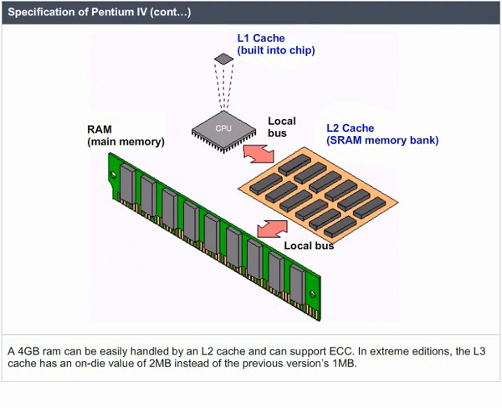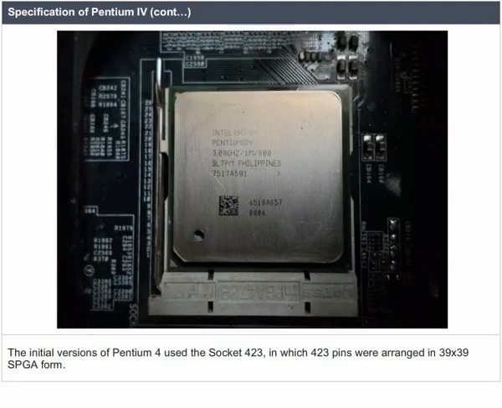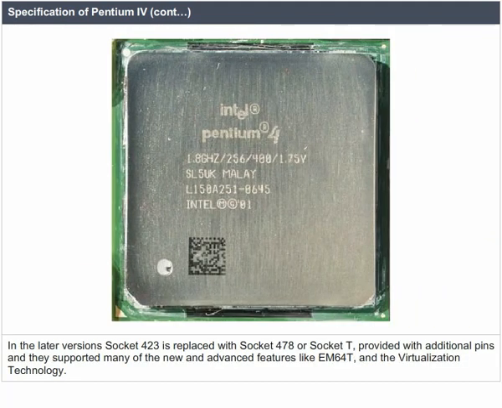The initial versions of Pentium 4 used the socket 423, in which 423 pins were arranged in a 39 by 39 SPGA form. In the later versions, socket 423 is replaced with socket 478 or socket T, provided with additional pins, and they supported many of the new and advanced features like EM64T and the virtualization technology.